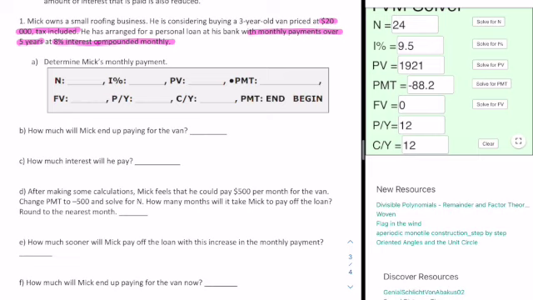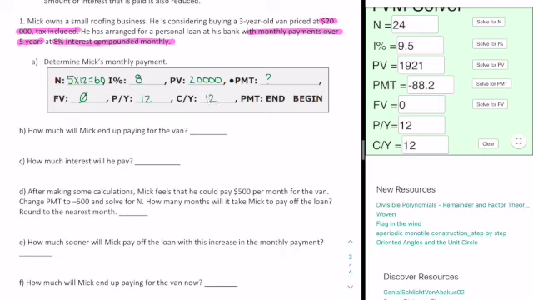So if we look at this now, N will be 5 years times 12 months, so 60 payments. Interest is 8%. Your present value is going to be $20,000. We're looking for the payments once again. Future value is going to be nothing. Payments per year, he pays every month, so 12, and then compounded every month.